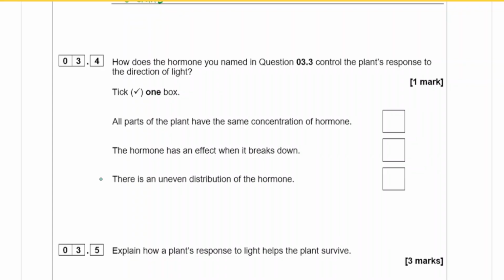Now, let's say this is a shoot, and that's the soil. The auxins are actually produced at the tip of the shoot over here, and due to gravity it actually goes down.